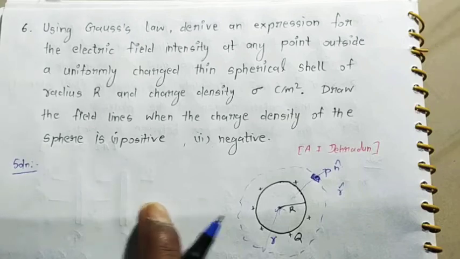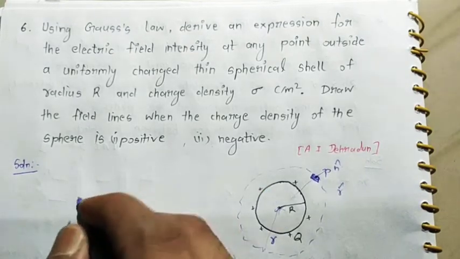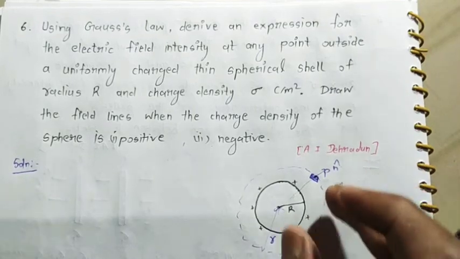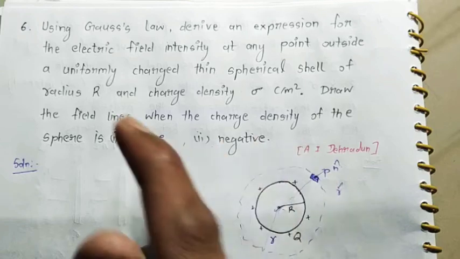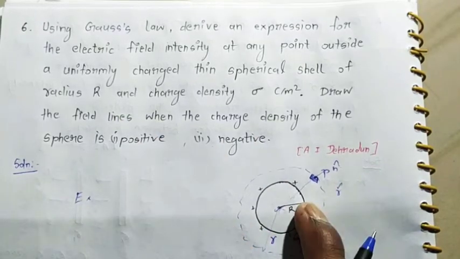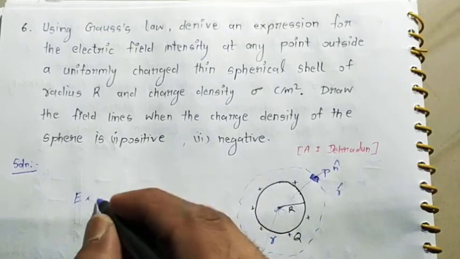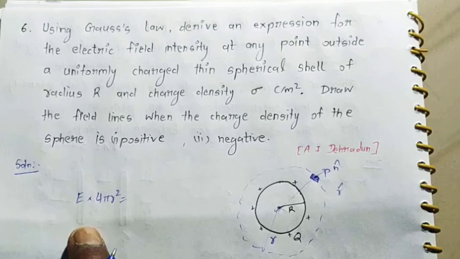So we have done all these things before, but when we apply the Gauss theorem, we have to equate the total flux passing through that area to Q by epsilon naught. I am putting it directly. The electric field at that Gaussian surface is uniform and it is E. So E into the area, 4 pi r square, the outer area. I am putting the Gauss theorem directly.